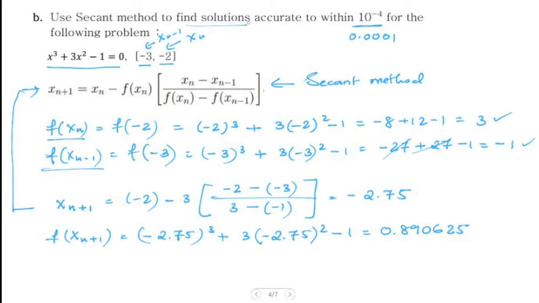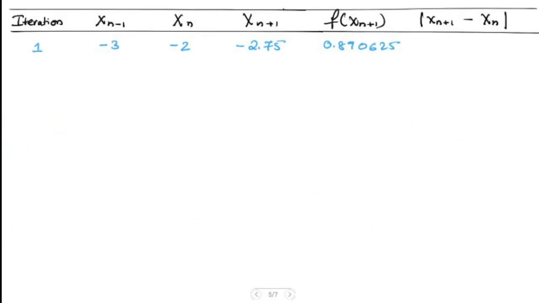When the absolute value of xn plus 1 minus xn is less than 0.0001, that's the point we stop. So minus 2.75 minus minus 2, that is minus 2.75 plus 2, gives us 0.75, the absolute value.